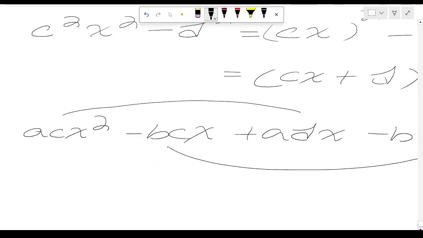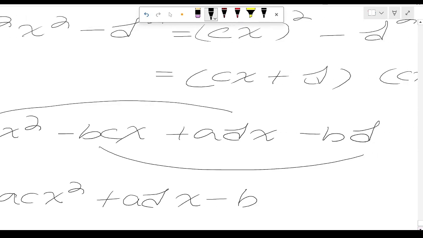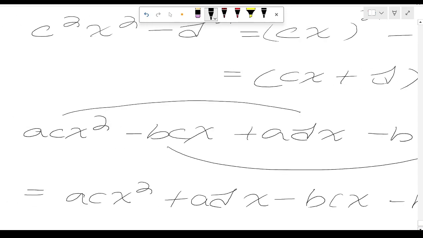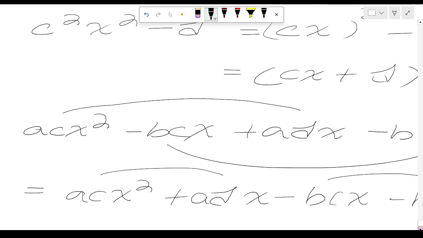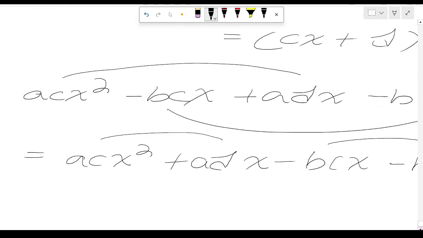I'll just write it is equal to acx square plus adx, after that minus bcx minus bd. After arranging them, we are going to pick the common values between them. So here common is a, then we have x as common. So I'll just write ax bracket and then cx.